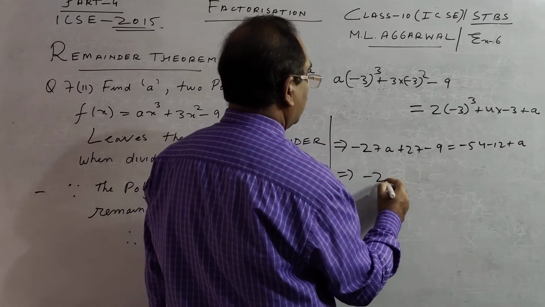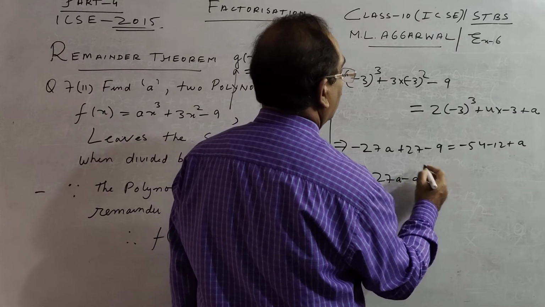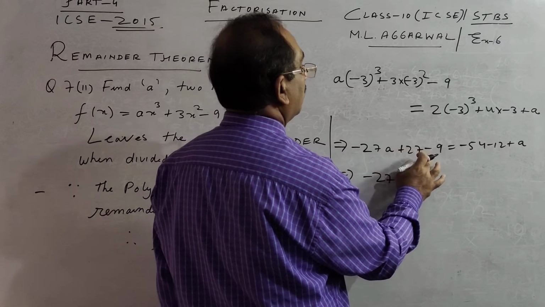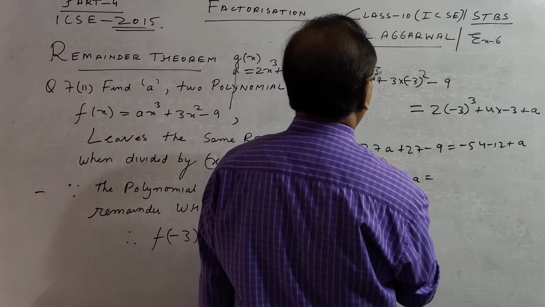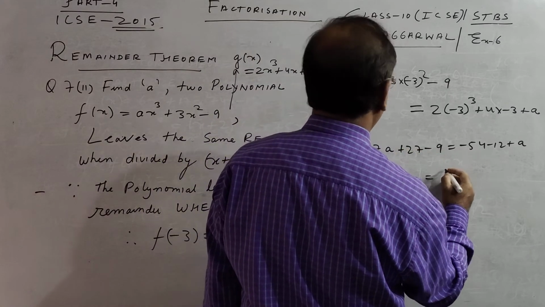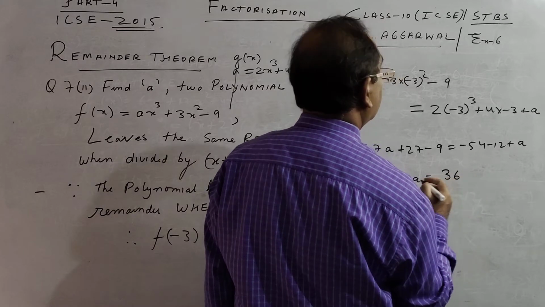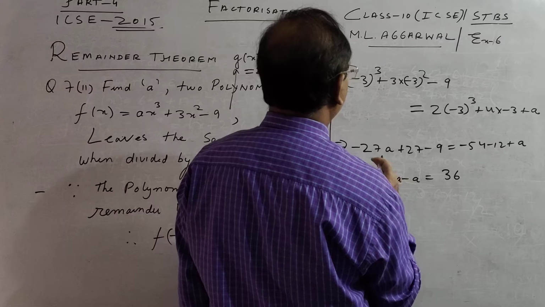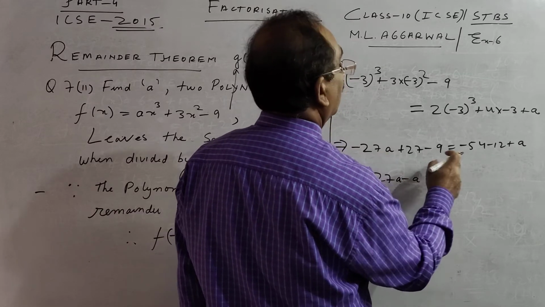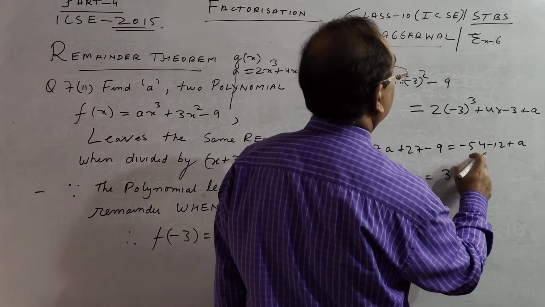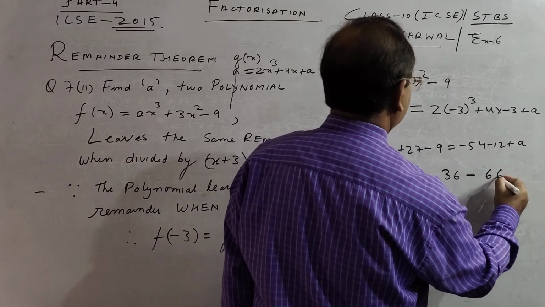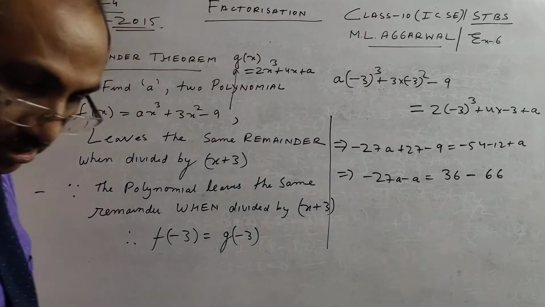So both the a I take on one side, and on this side I take all the numbers. So minus 27 minus 9 is minus 36, becomes 36 here. And what we are left with here, minus 66. Okay, let us check.